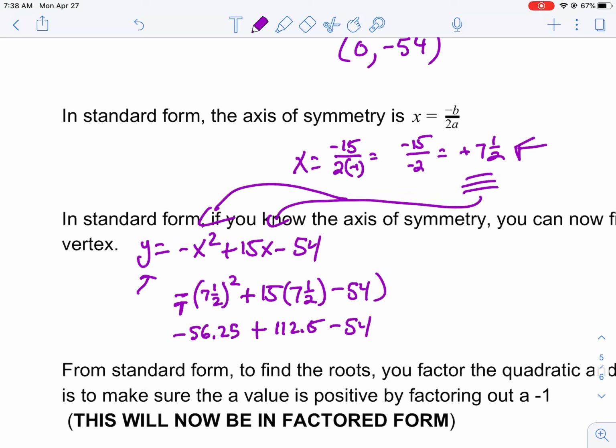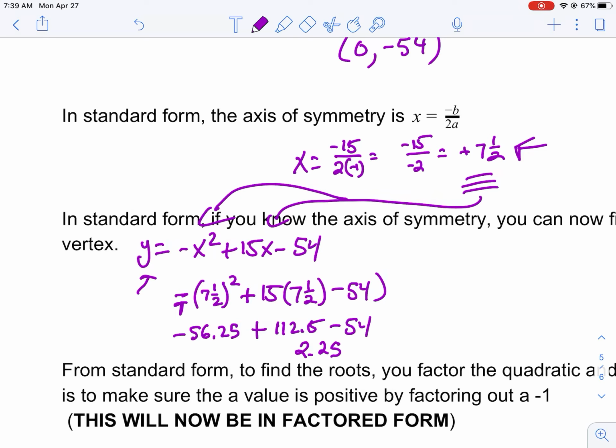So I have negative 56.25, I'm going to add 112.5, and then subtract 54, and I get 2.25.